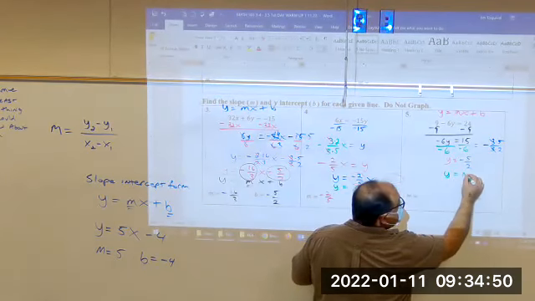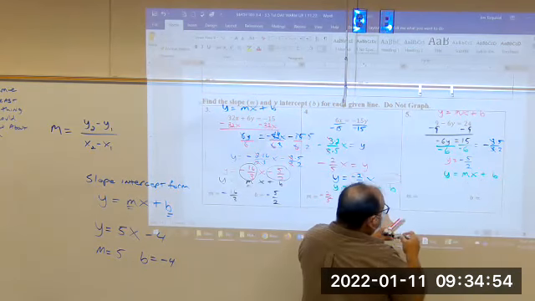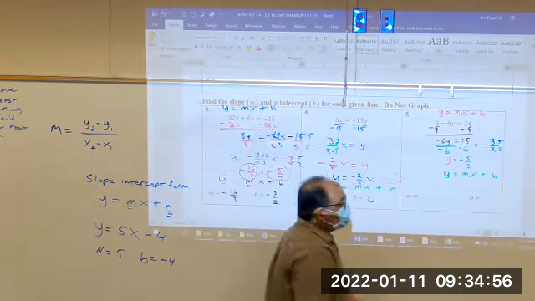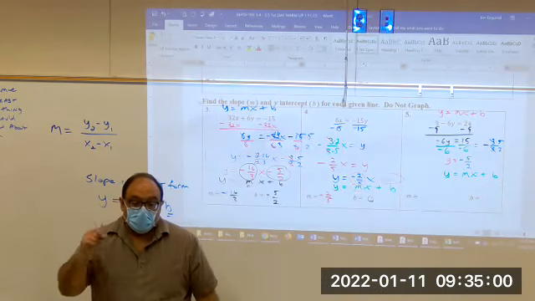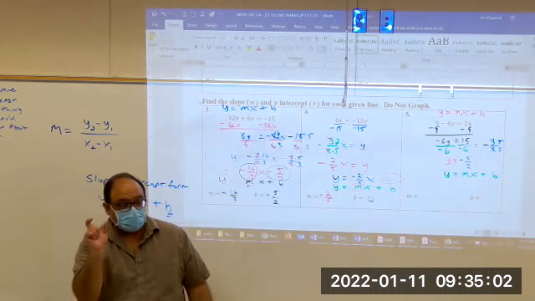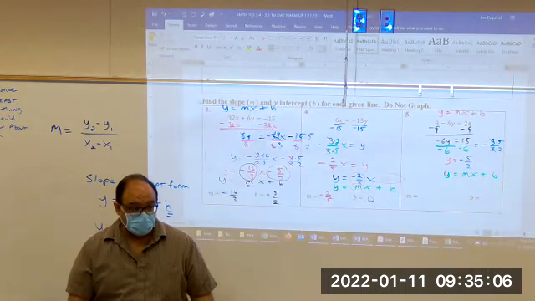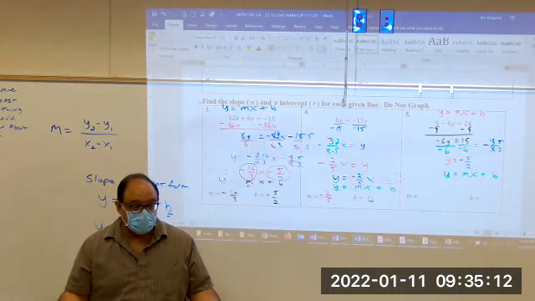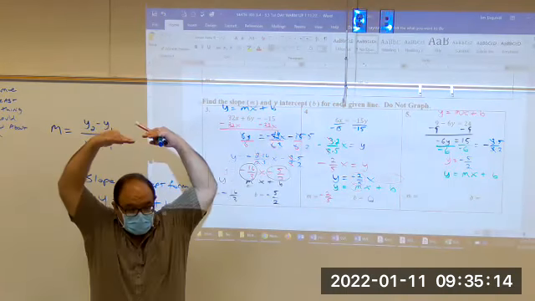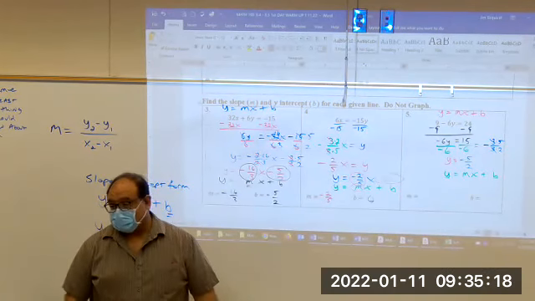Y equals mx plus b, and all you have is y equals negative 5 over 2 without the x. What would m have to equal to make x not be there? What times x makes it go away? 0. The power of 0.